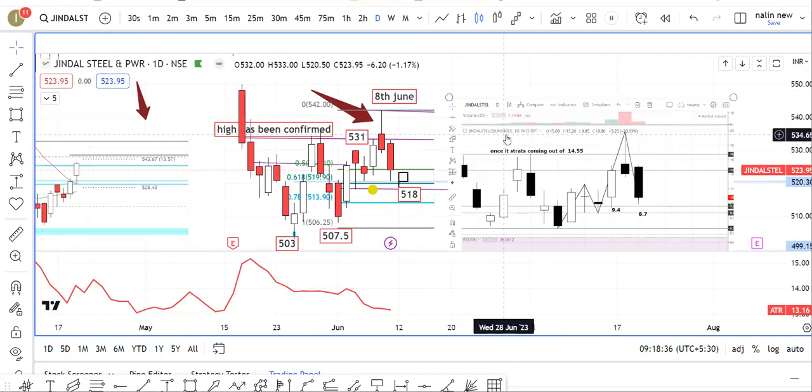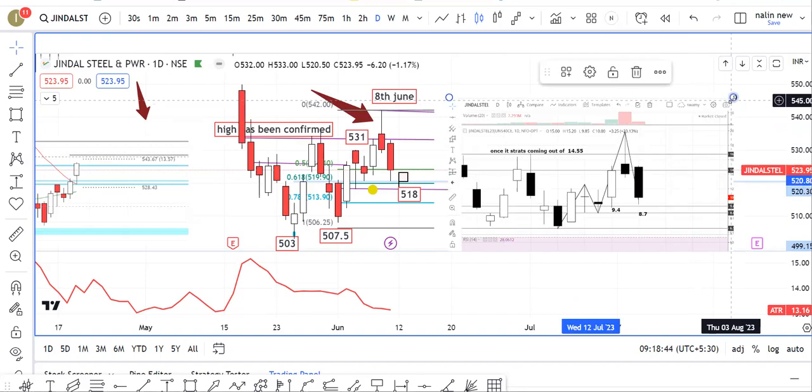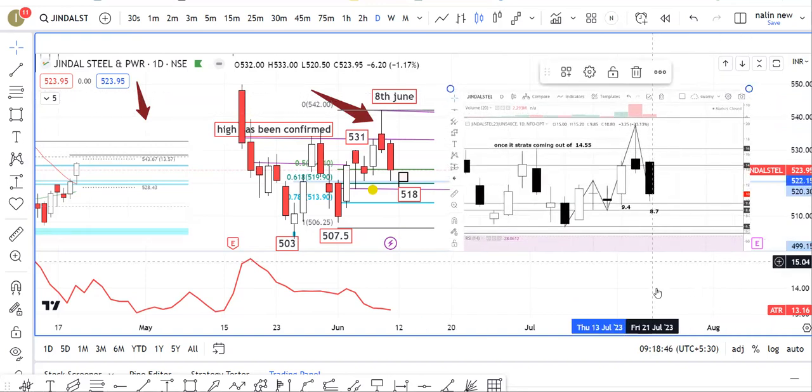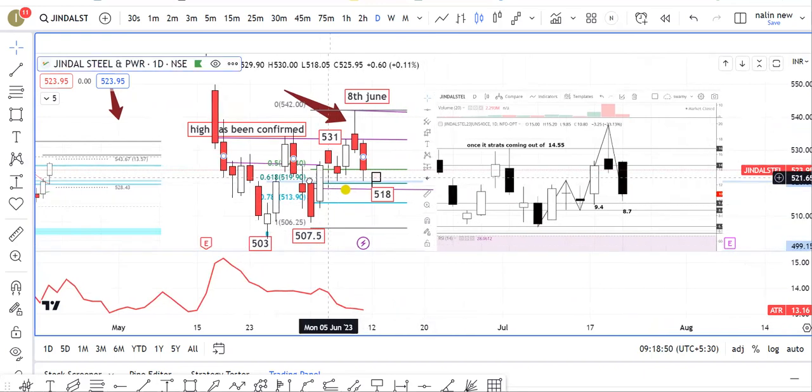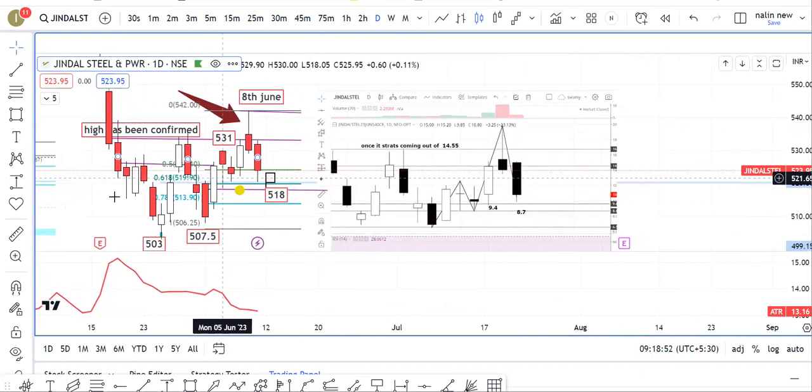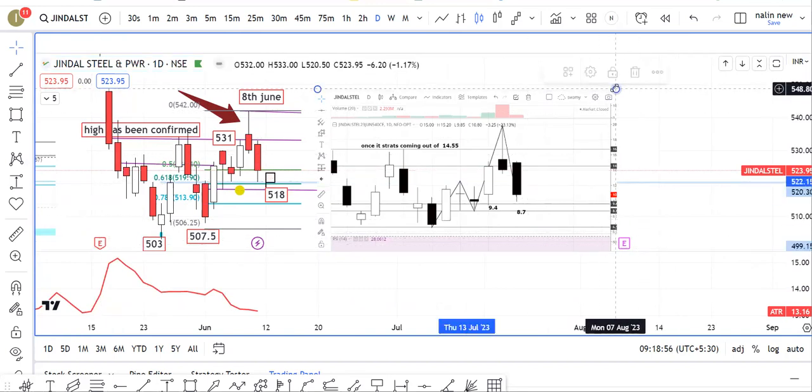So one of the viewers on my YouTube has selected an out of the money call option, that too 540. I have explained this and let me make this option.